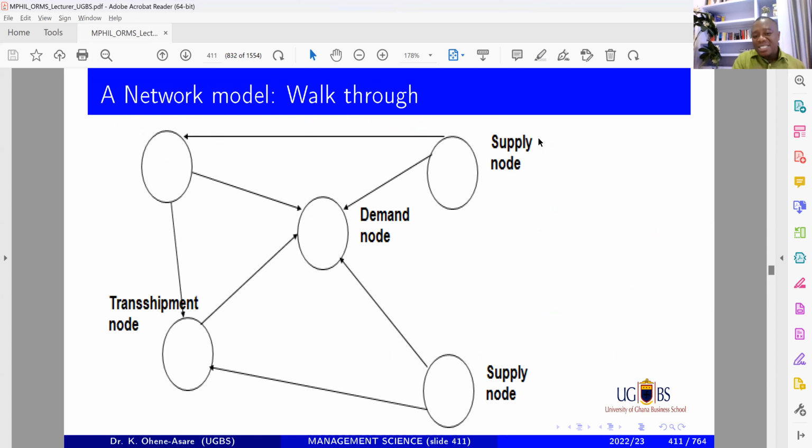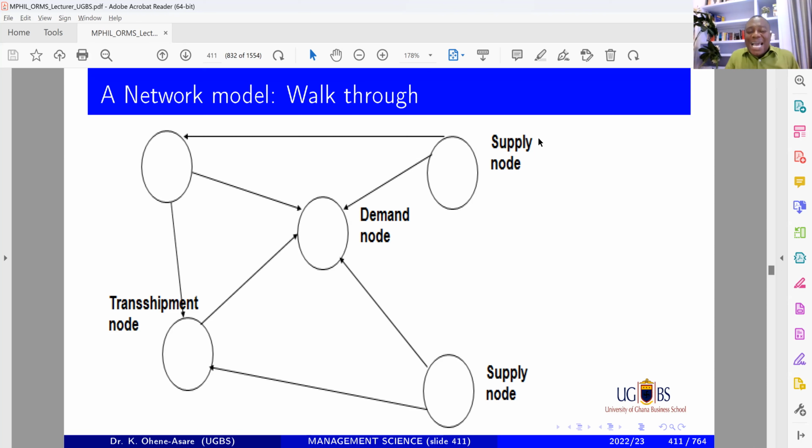Now you can see that in this example, there is a transshipment node added. We'll come to that. But for now, I want you to know that a transshipment node is simply an intermediary node. It does not supply nor demand.